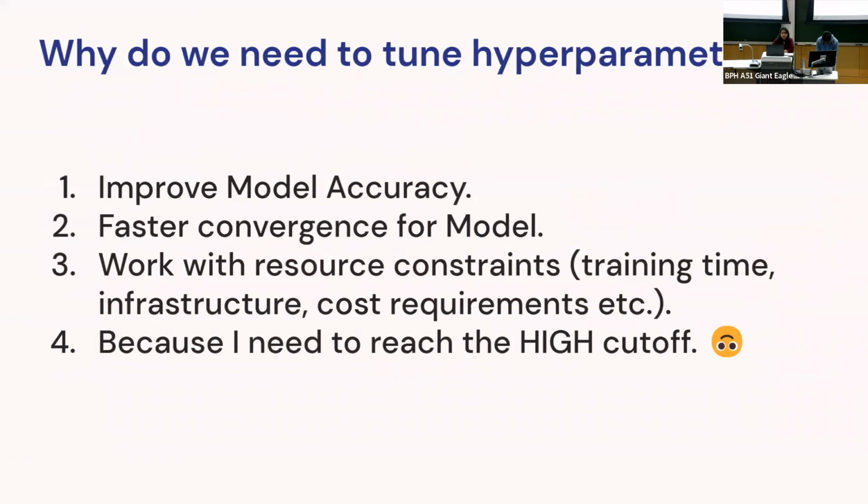So why do we need hyperparameter tuning? One is to improve your model accuracy. If you change the learning rate or the batch size, the performance of the model would vary based on all of these hyperparameters. And we would want the tuning for faster convergence of the model. Say, for example, if you're using a larger learning rate initially, it would lead to faster convergence.